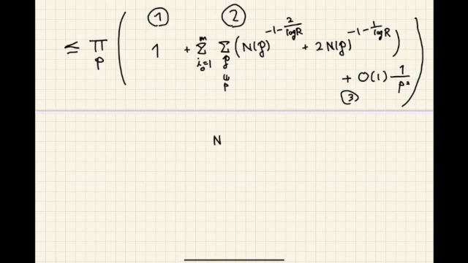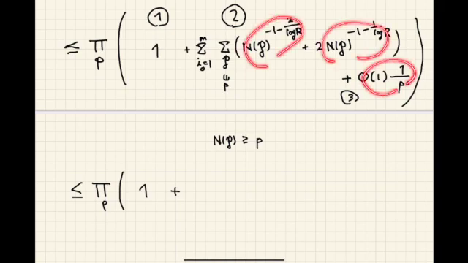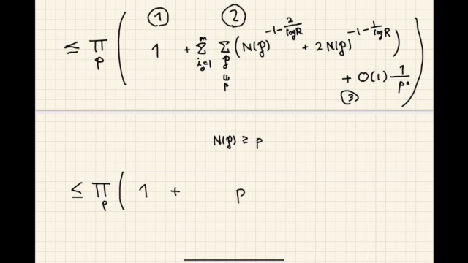Now we know that this norm is at least P anyway, so we can bound this value from above by the largest term among these, which is bounded by P to the power of minus 1 minus.